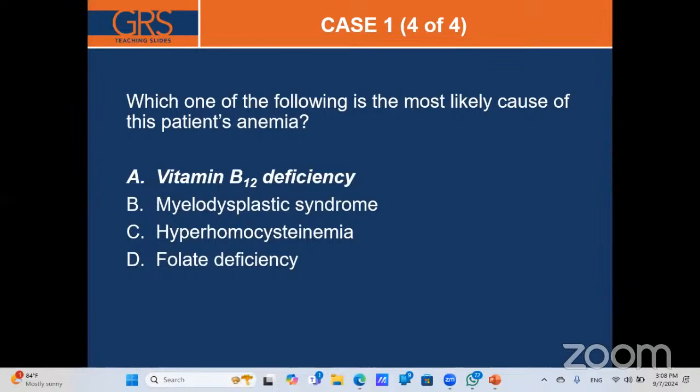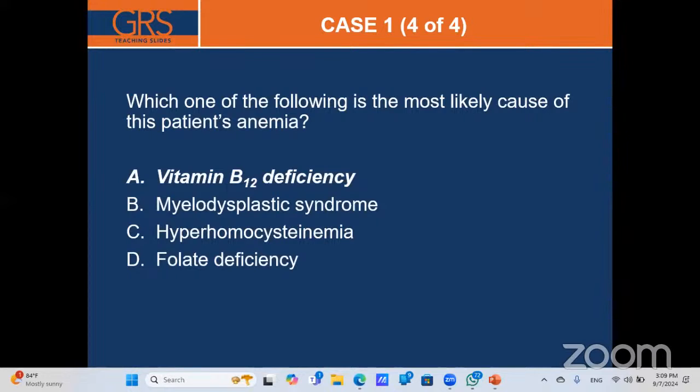So macrocytic anemia with low reticulocyte count and hypersegmented neutrophils in the peripheral blood smear is highly suggestive of vitamin B12 deficiency. Myelodysplastic syndrome is not usually associated with increased serum methylmalonic acid, and hyperhomocysteinemia is a genetic disorder associated with thrombotic events, and folate deficiency is not associated with increased methylmalonic acid.